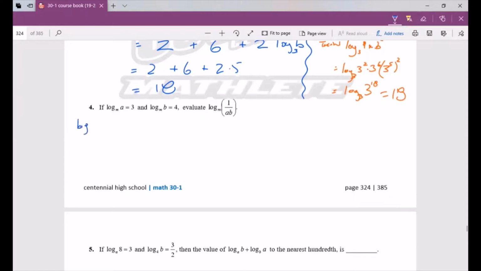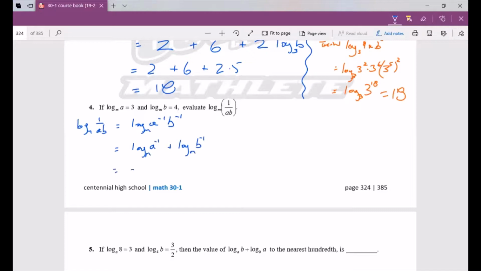Let's start with logarithm of 1 over AB base m. This is equal to logarithm of a to the minus 1, b to the minus 1 base m. This is equal to logarithm of a to the negative 1 plus logarithm of b to the negative 1, both of them base m.